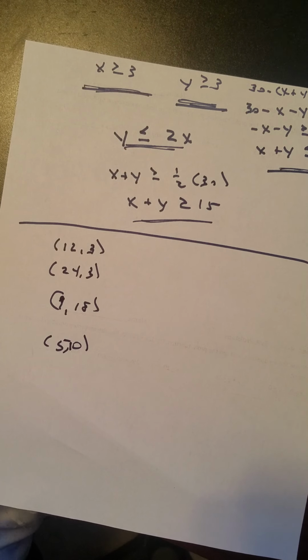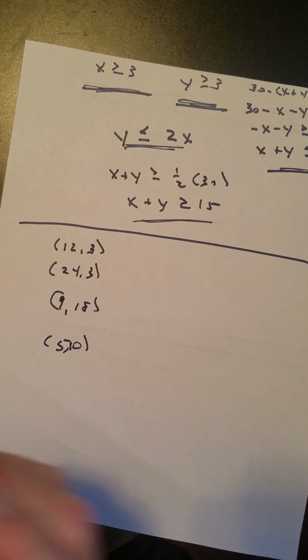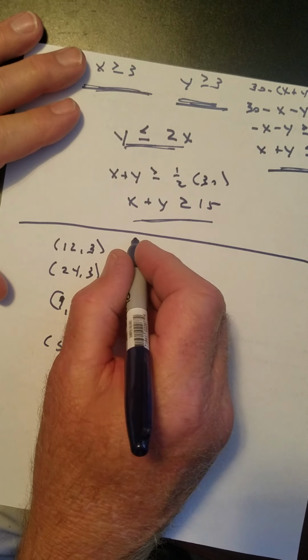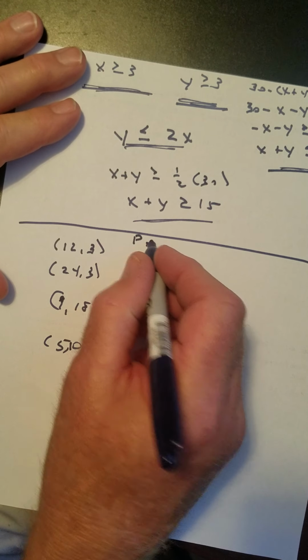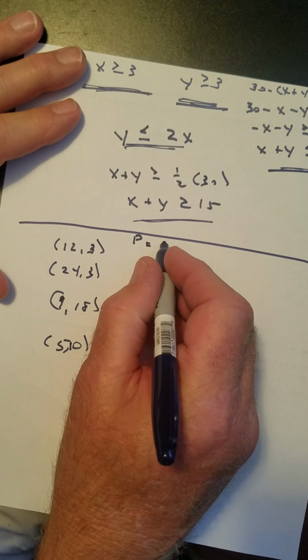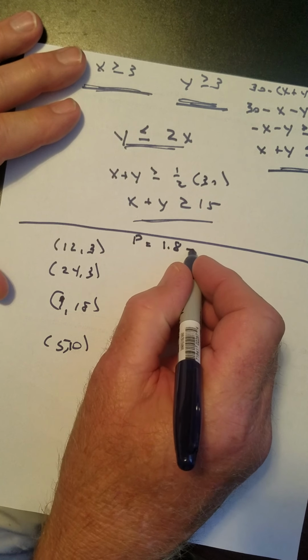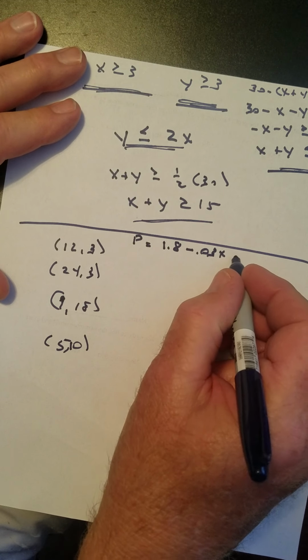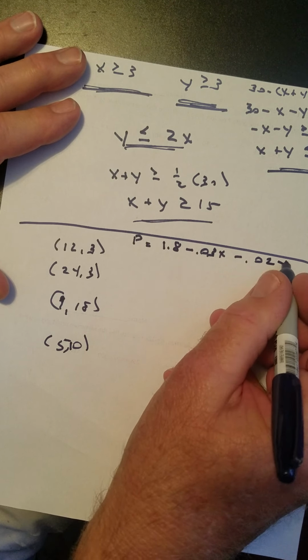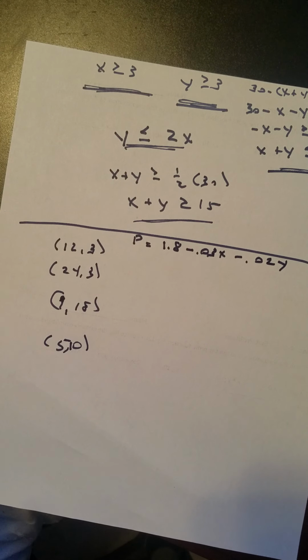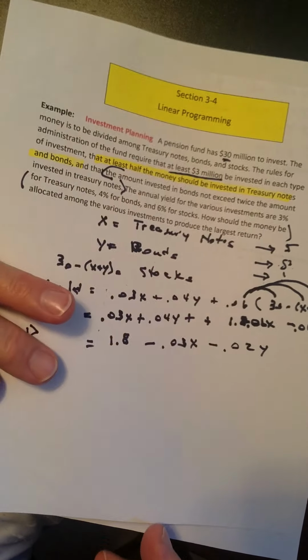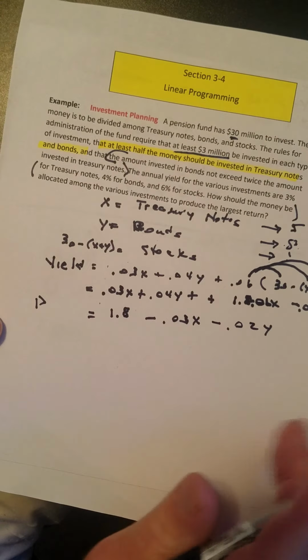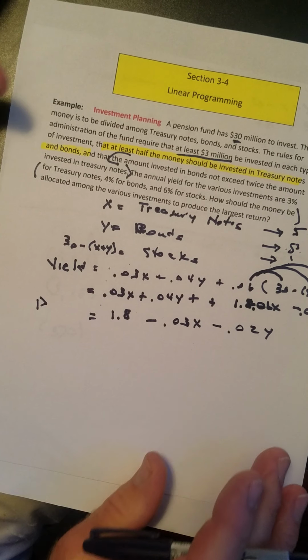Now, if you go back, remember we were talking about our yield, or I'm going to go ahead and call it the profit. The profit from that other page is 1.8 minus 0.03x minus 0.02y. Now it's going back to this page here, the very beginning, and down at the bottom, remember how I simplified out that yield function.